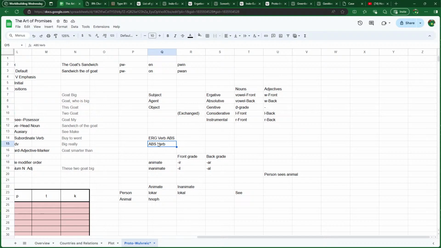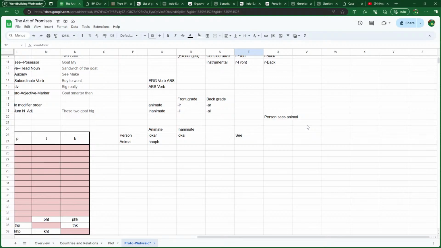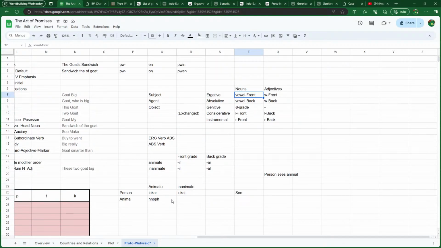Because that's the thing you find the most, and then agent gets specifically marked for. And then an inanimate animal, inanimal if you will.